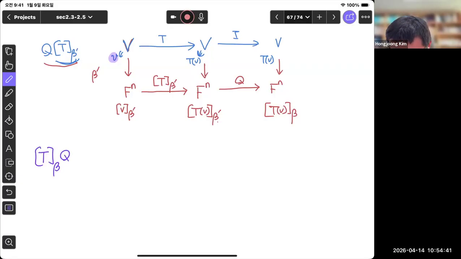So instead of doing this, we can consider the identity mapping first.